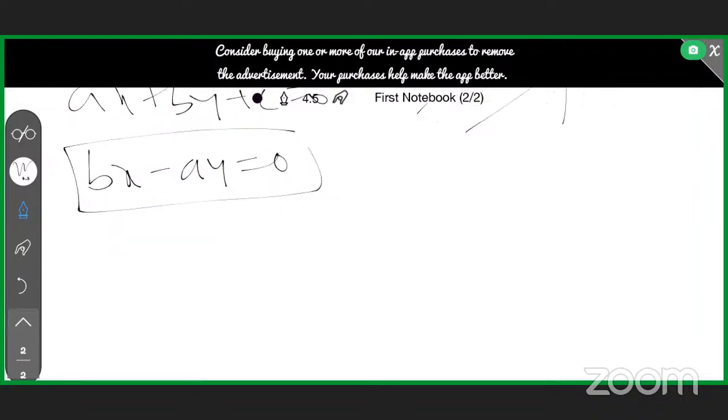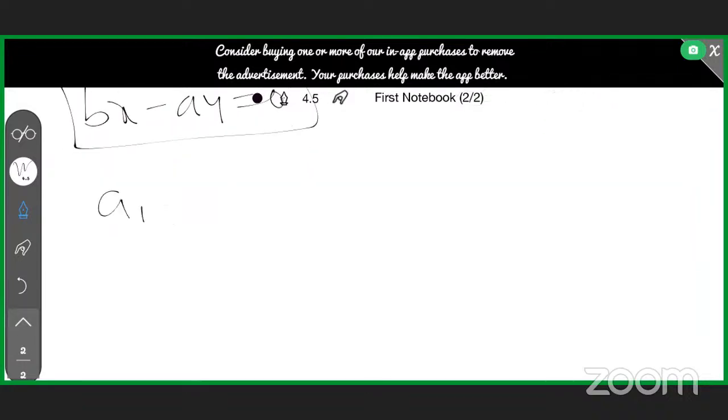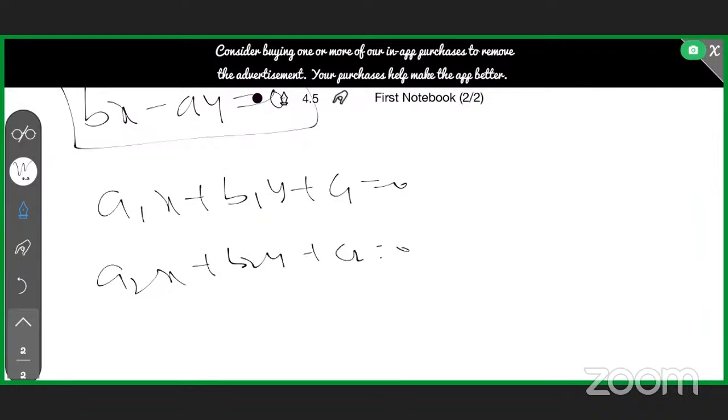Now, if A1x plus B1y plus C1 is equal to 0 and A2x plus B2y plus C2 is equal to 0 are two line equations and they are perpendicular, then these two line equations have to satisfy one condition.